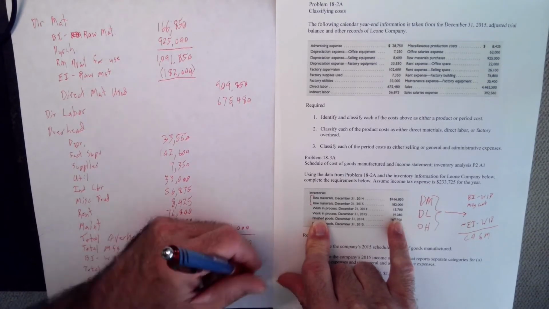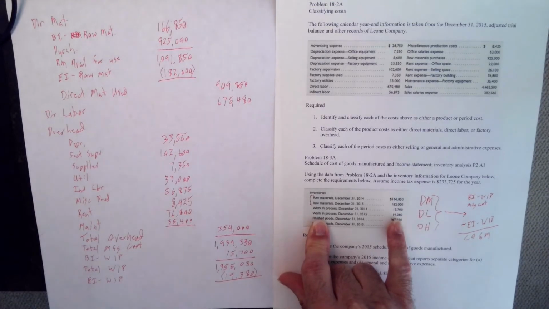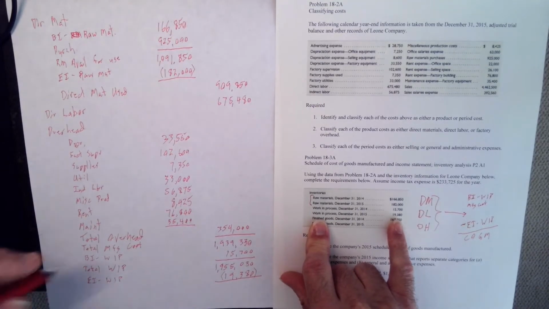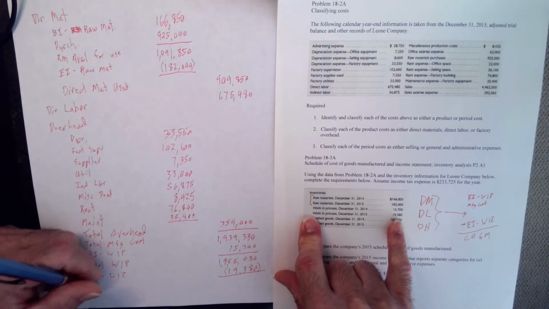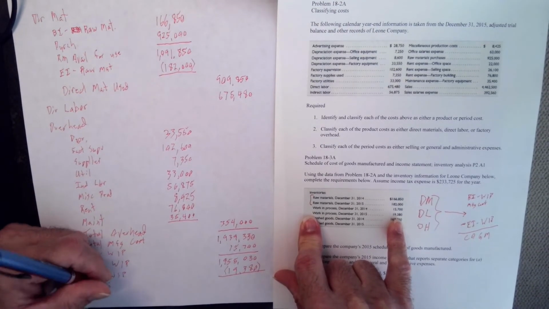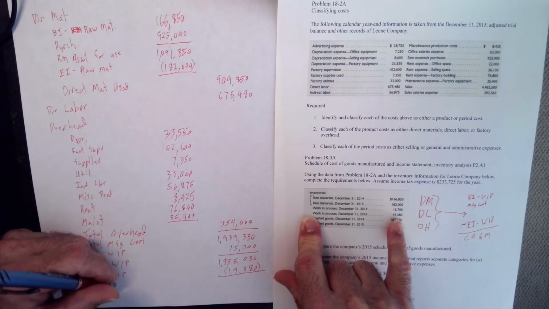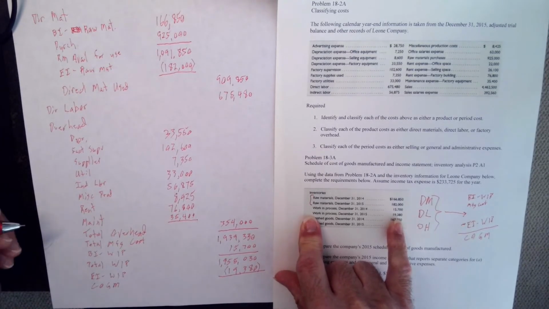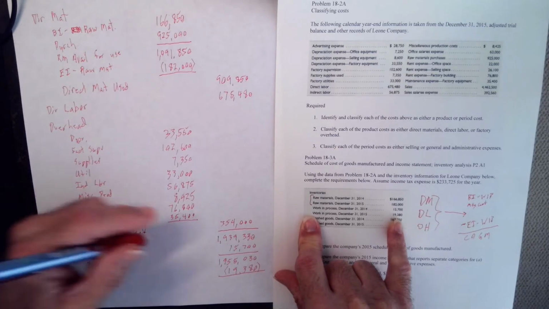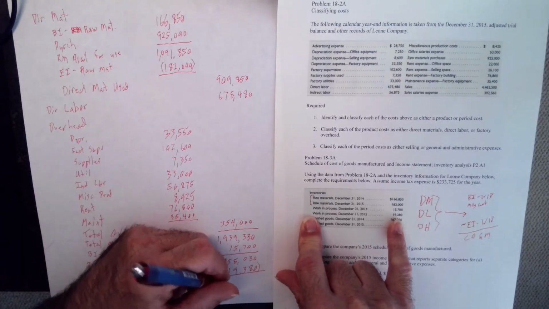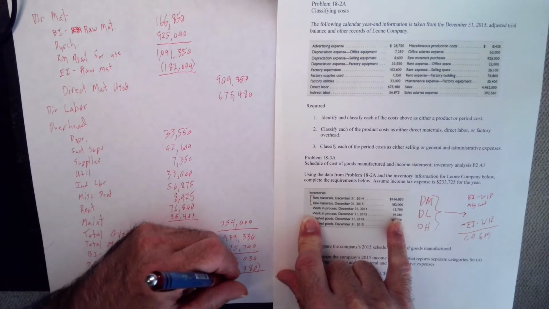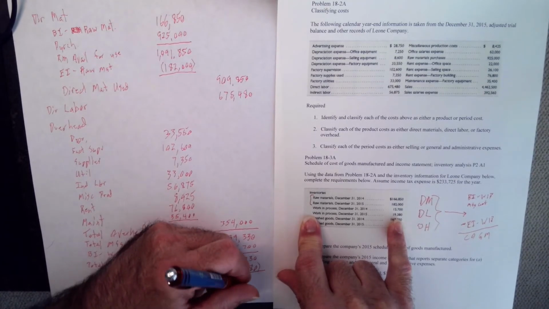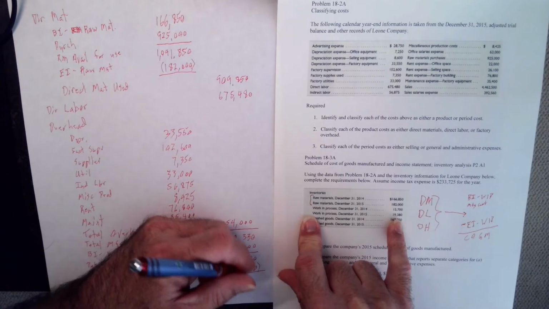Subtract. And then I come up with my cost of goods manufactured, COGM. That's going to give me 1,935,650.